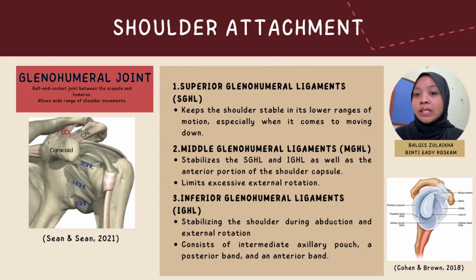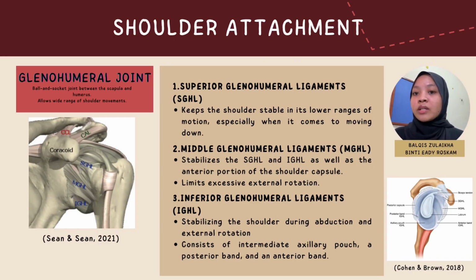Besides, the middle glenohumeral ligament or MGHL is placed between the IGHL and the SGHL, and takes part in stabilizing both. Also, as the anterior portion of the shoulder capsule, the MGHL helps in limiting excessive external rotation of the shoulder.